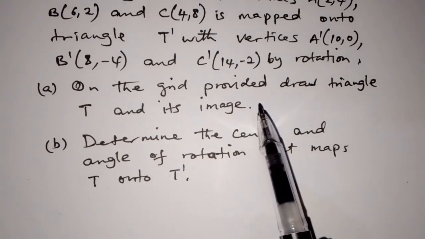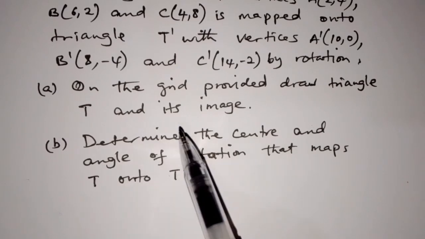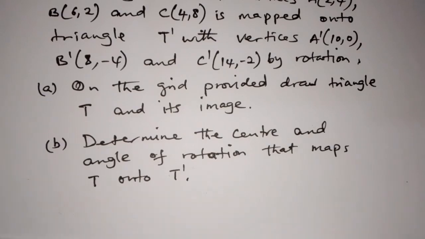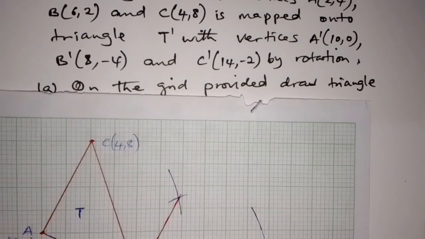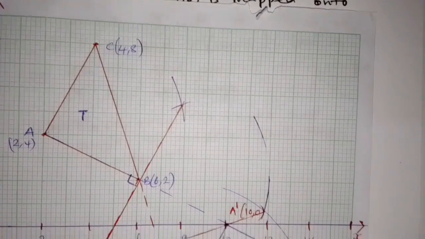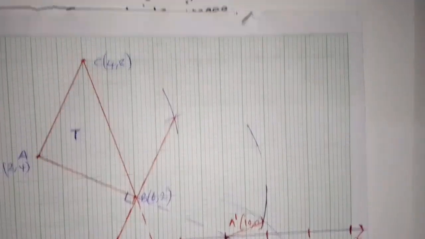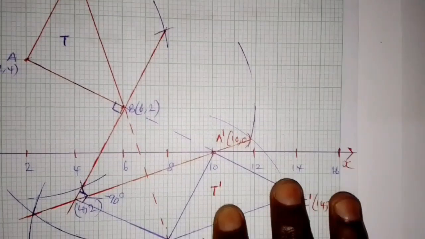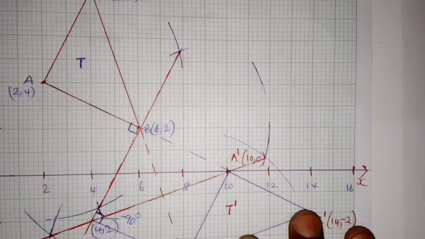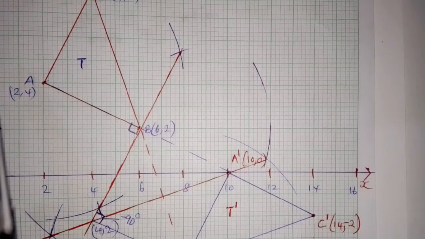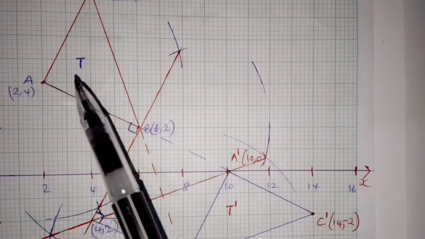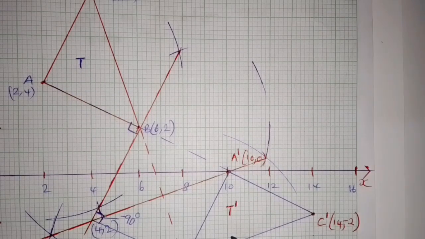On the grid provided, draw triangle T and its images. So now what we do is that we can use a paper like this to sketch it. This is our x-axis, this is our y-axis, and this is the object T, and this is the image T prime.